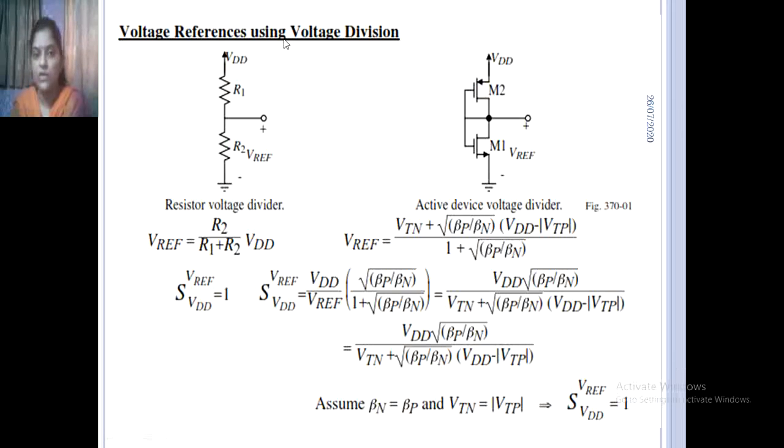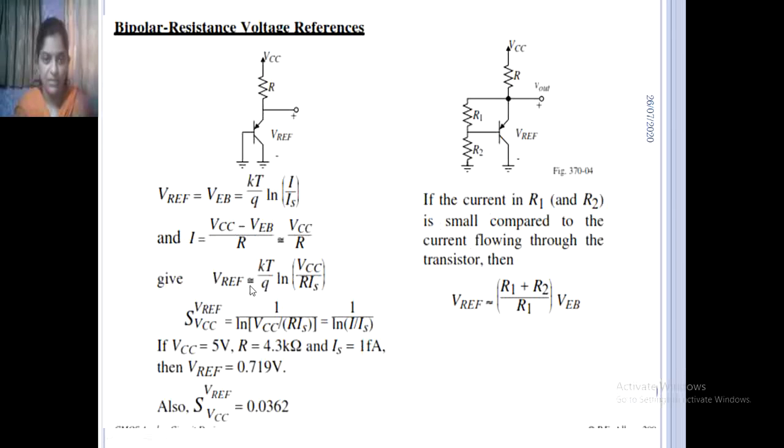Using a voltage divider, the MOSFET also works in the active region as a variable load resistance. Like this, two transistors are there, and according to that we have seen how to calculate Vreference and its stability for the circuit.